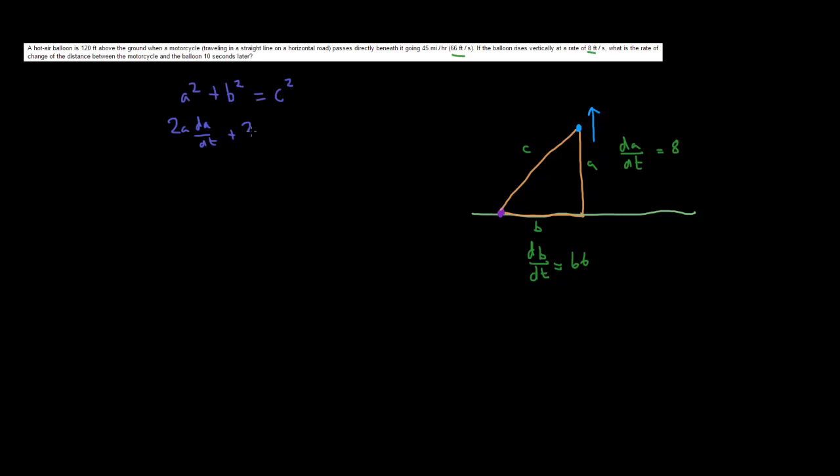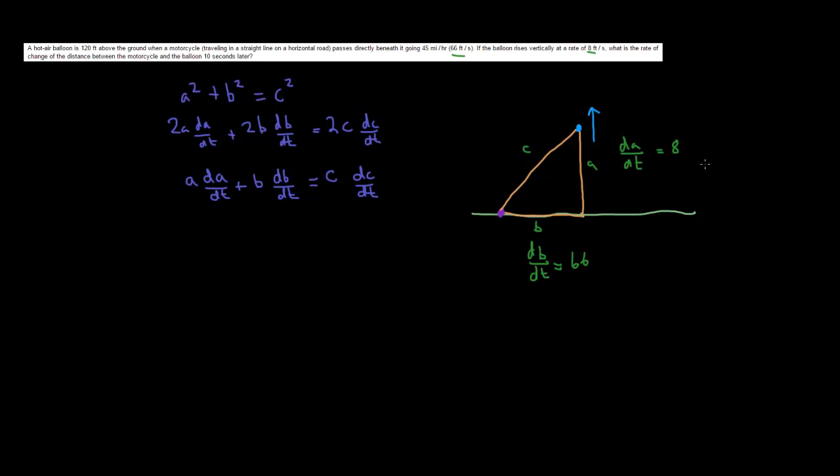So that's going to be 2b dB/dt equals 2c dC/dt. Now everything here is divisible by 2, so let's just call this a dA/dt plus b dB/dt equals c dC/dt.